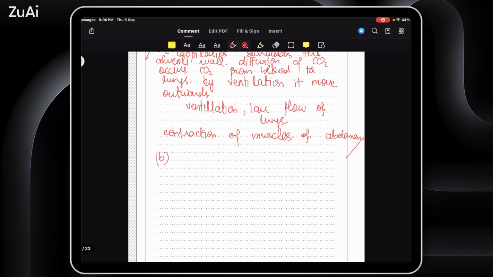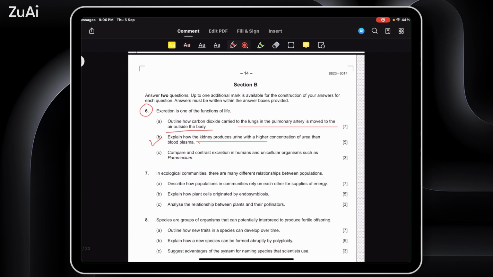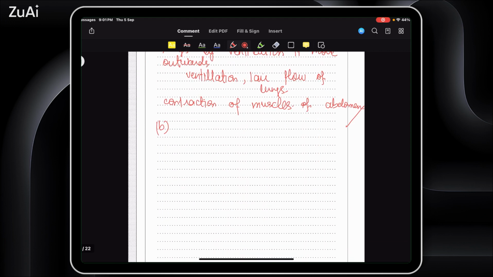Now question B. Explain how the kidney produces urine with higher concentration of urea than blood plasma. That's also a very easy question. Ultrafiltration is the process. Urea is the thing which we don't need anymore.